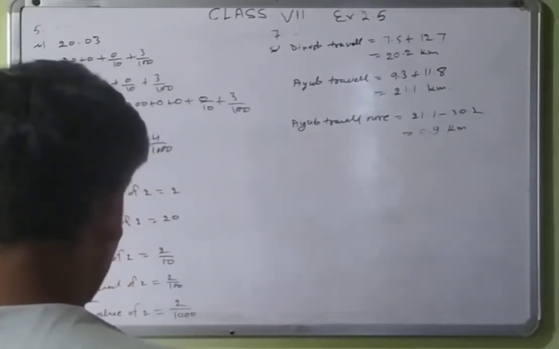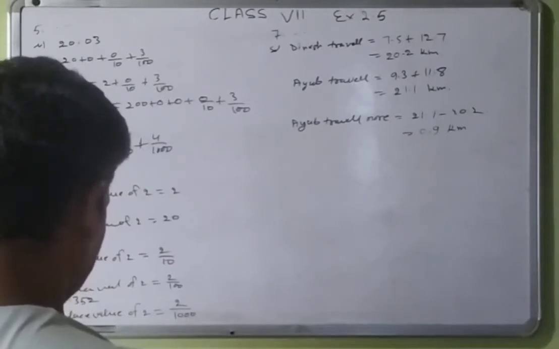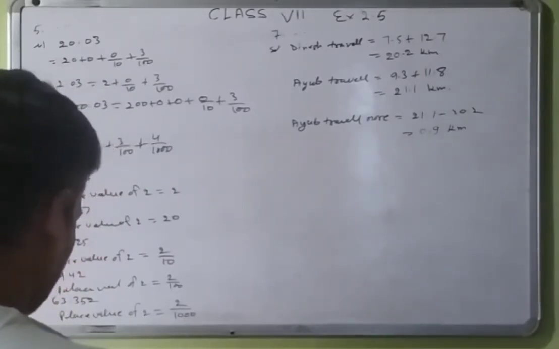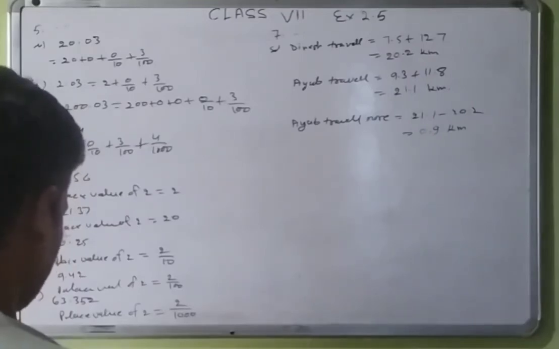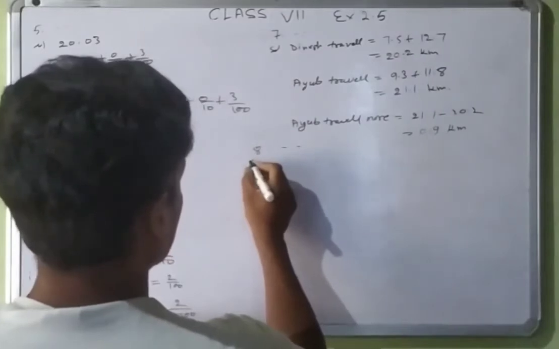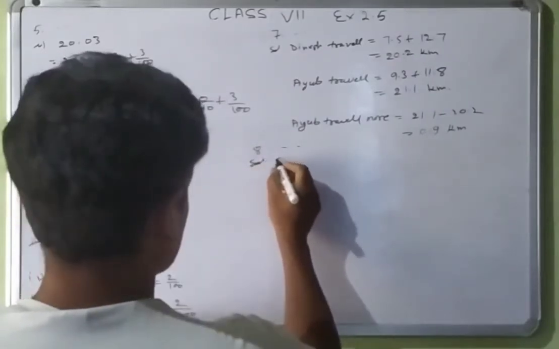Syam bought this many kg of grapes and this many kg of mangoes. Sarla is also purchasing these. Who bought more fruit? So that is the 8th part, solution.